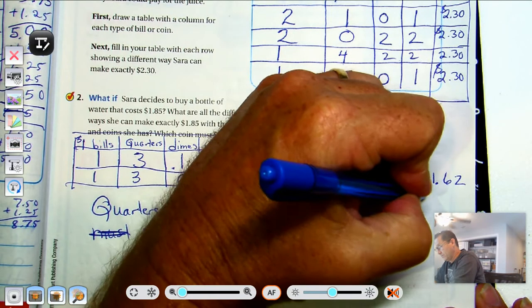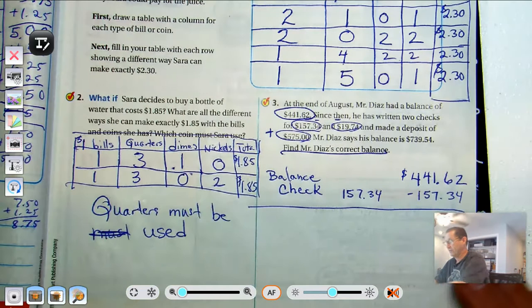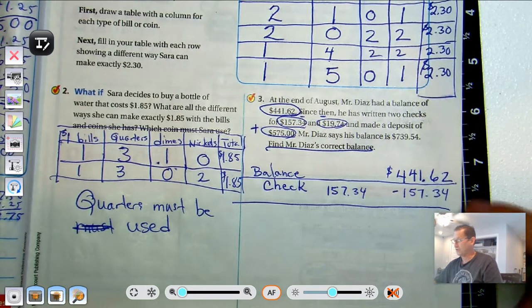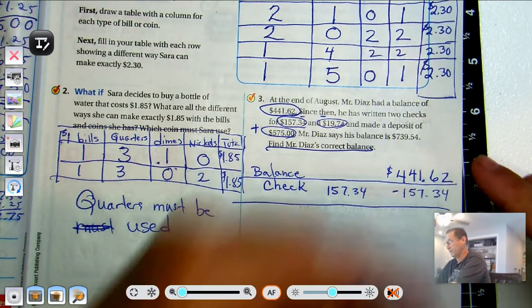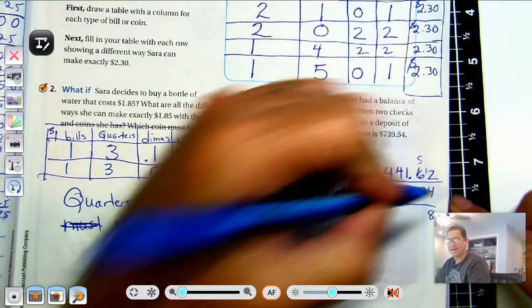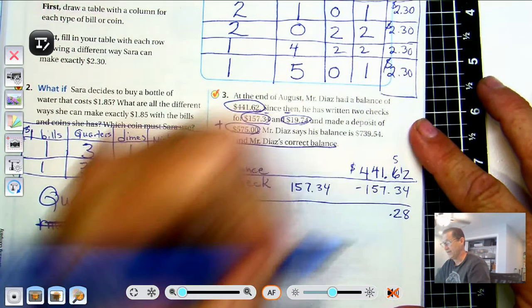So I'm going to minus 157.34, and that would give me a new balance. So can you take 4 from 2? No. So regroup. 12 take away 4 leaves me 8 hundredths. 5 tenths take away 3 tenths is 2 tenths.